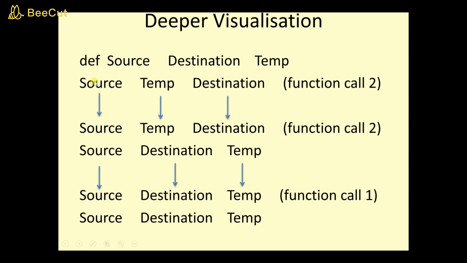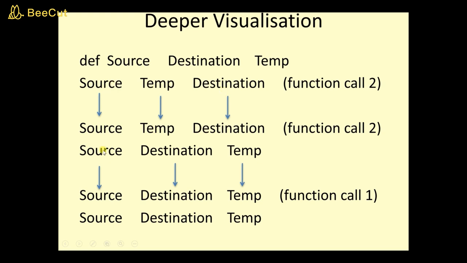So these function call 2 arguments are attached to this function call 2 arguments, and these arguments are in the same order. Now we have to arrange this previous function call 2 arguments in the same order as defined over here. The order over here is source, destination, temp, so it will become source, destination, temp.